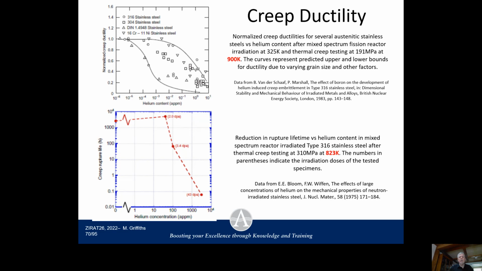So it just shows that that's one aspect of steel operation, especially in fast reactors and Gen 4 reactors. That's important because creep ductility is something that shows up at high temperatures.